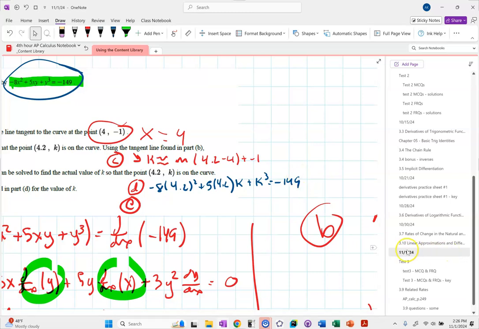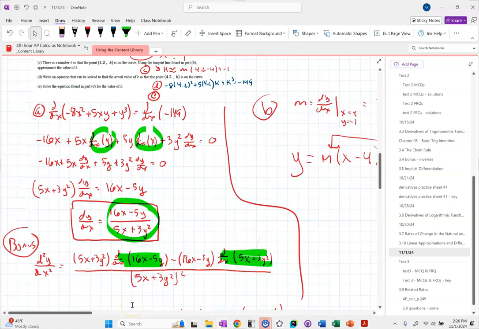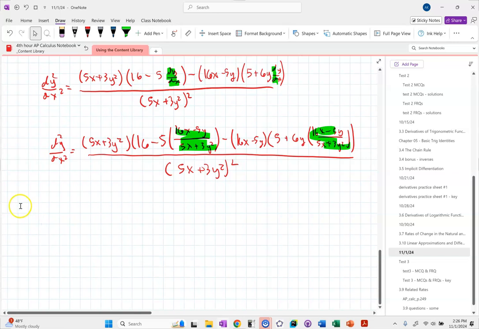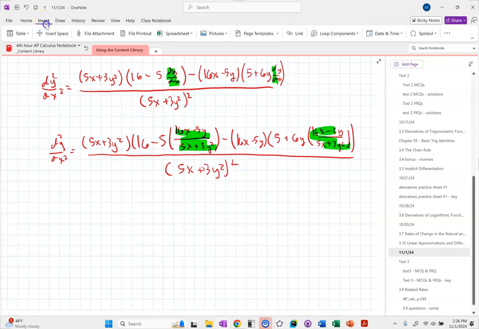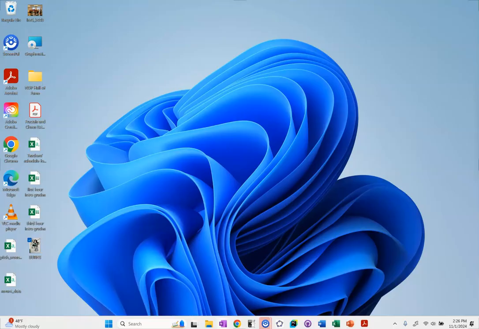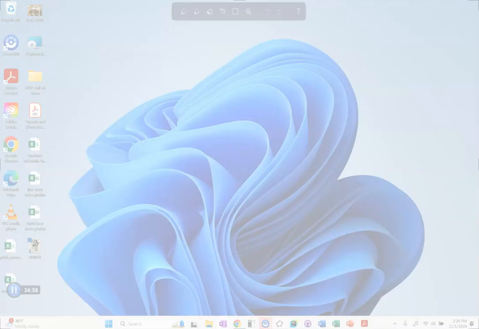I have one more thing that I wanted to point out from the homework or the test example stuff. I'm not going to do the whole problem.